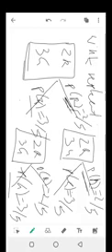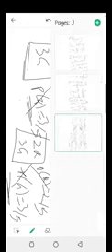You see that? So what does that mean? It means that they want the probability of you picking red for the first time and red for the second time, or green for the first time and green for the second time.